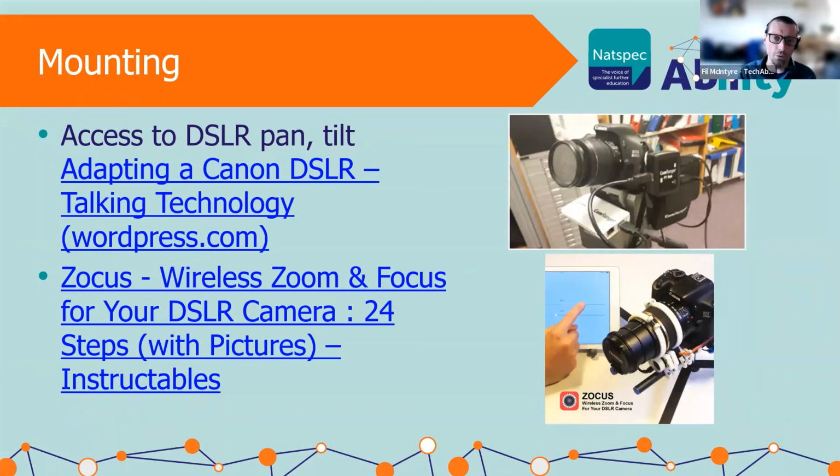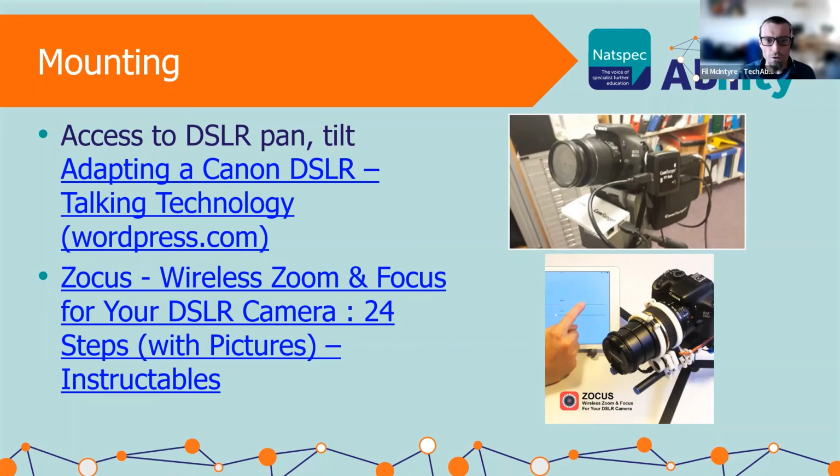So instead of just doing a kind of shutter control like we saw earlier, these will do zoom, they will do pan and tilt to move the camera about, and one of them will access some of the settings on the camera itself.